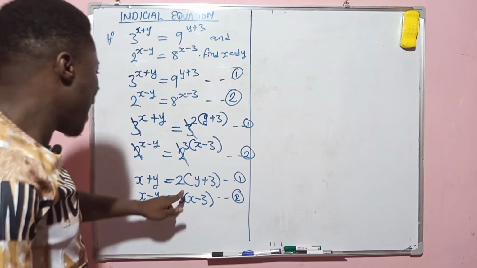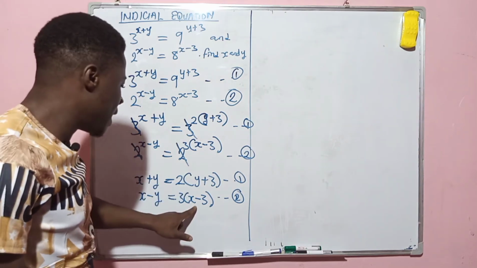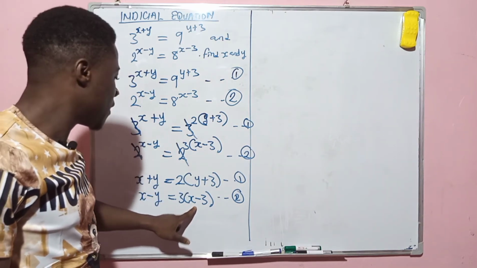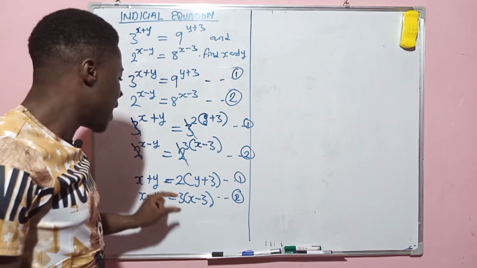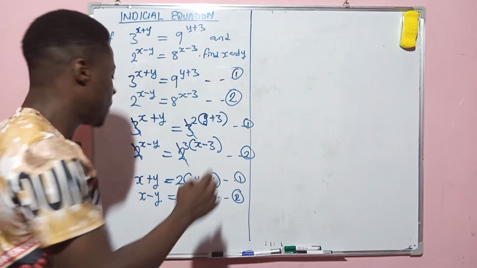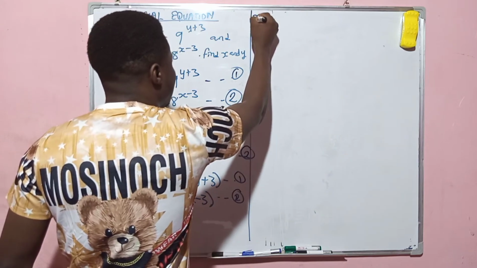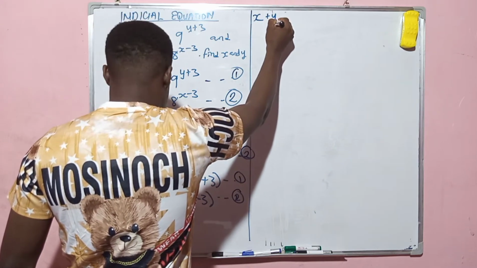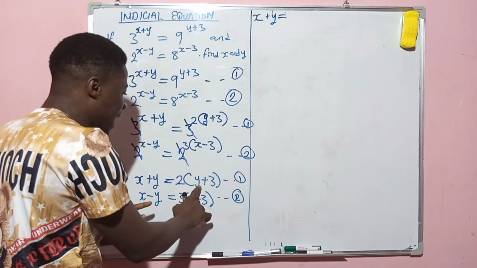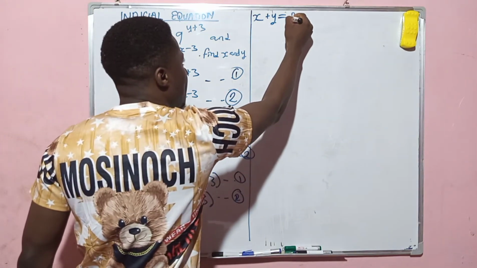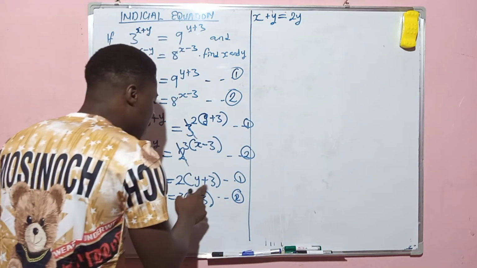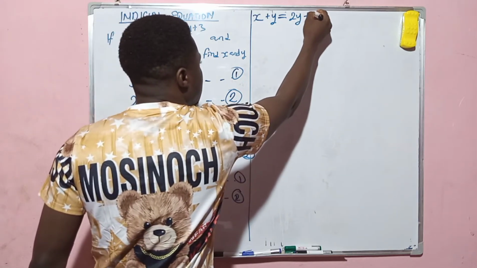Let's keep going. I can expand this, and as well, I can also expand this. When I do their respective expansions, I'll have the equations in this form. I'll have the first equation as x plus y equals 2 times y, I'm having 2y. Then 2 times plus 3, I'm having plus 6.